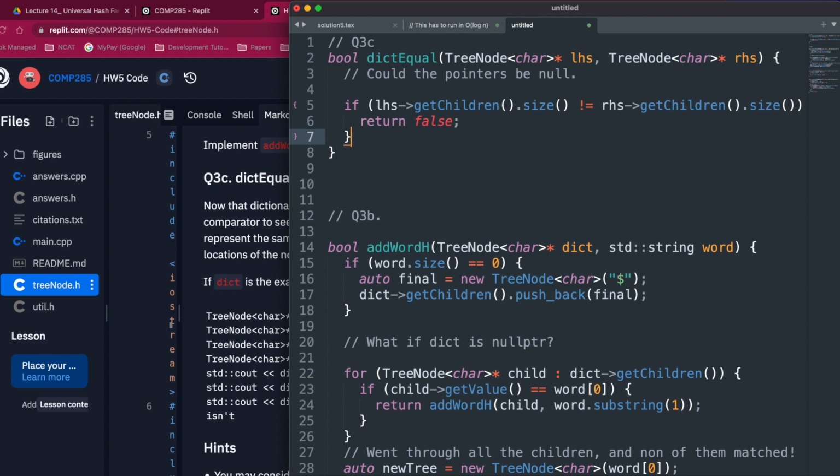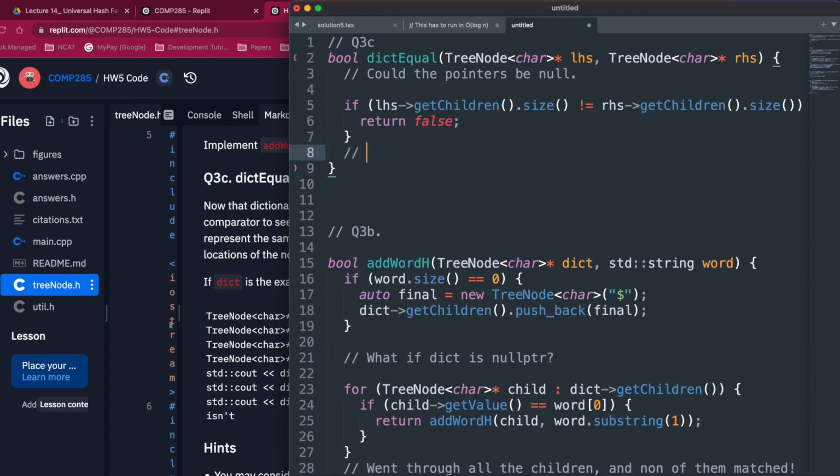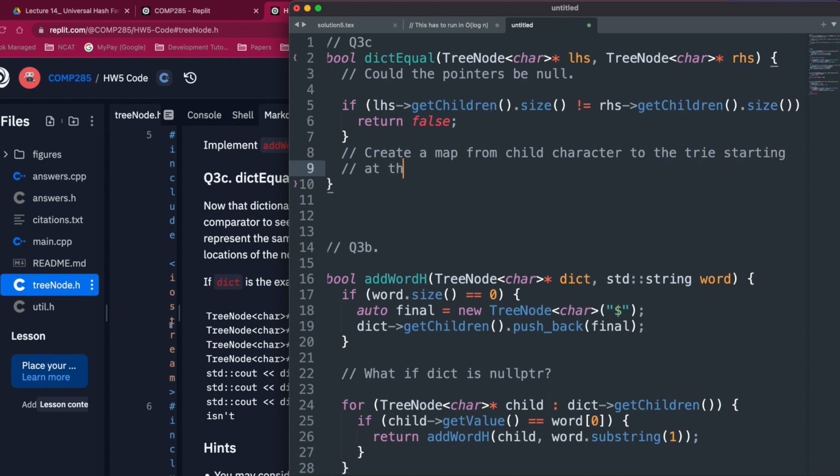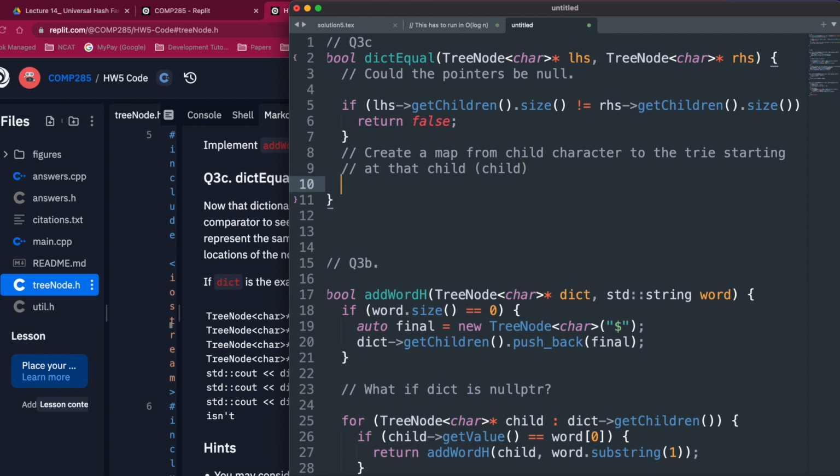So probably the best way to do this, I encourage you to pause it, but you can think about this, is to create a map from child character to the trie starting at that child, so to the child itself, right? So we'll do this both for the left-hand side and for the right-hand side. So you might create an unordered map from character to tree node pointer, left-hand side map.